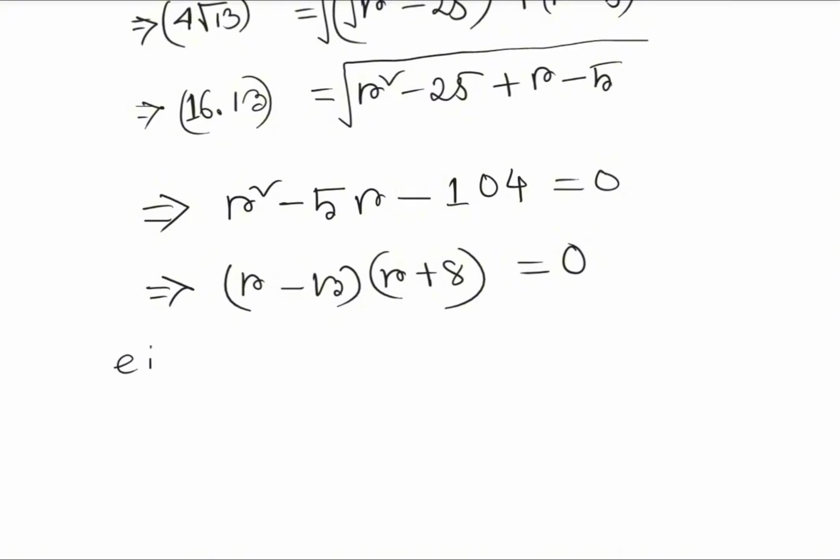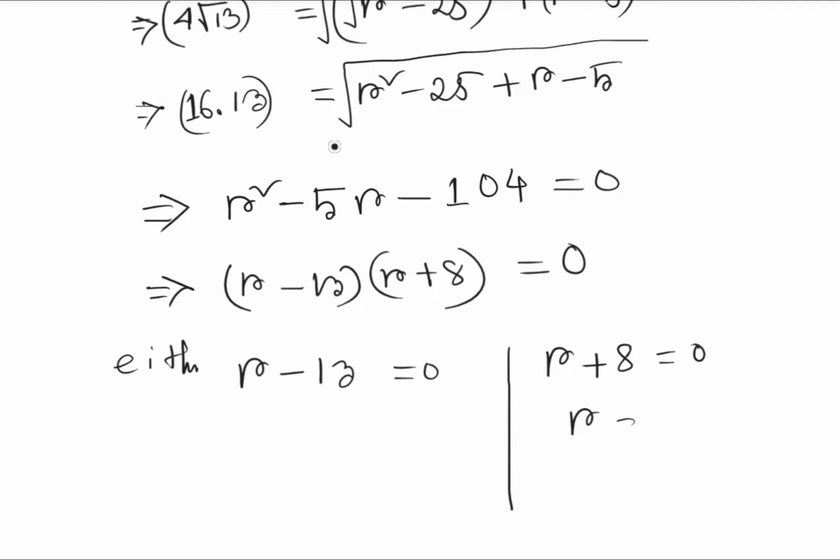Either R minus 13 is equal to 0, or R plus 8 is equal to 0, and R is not equal to minus 8, because lengths never have a negative value. So this value is not accepted.